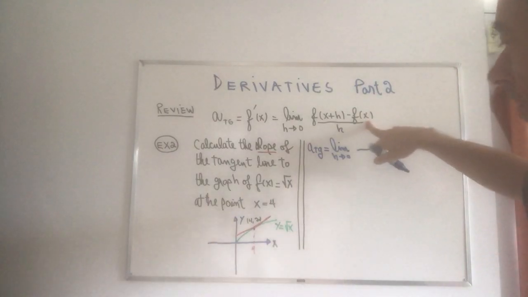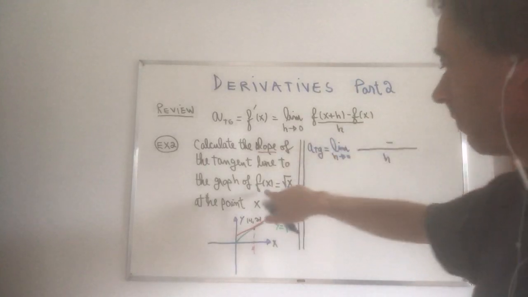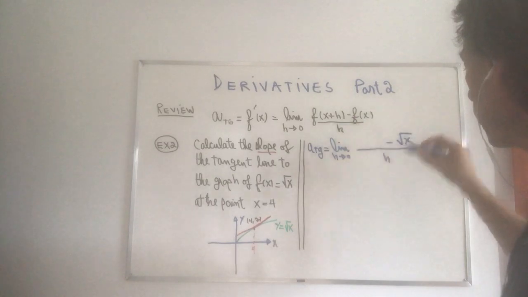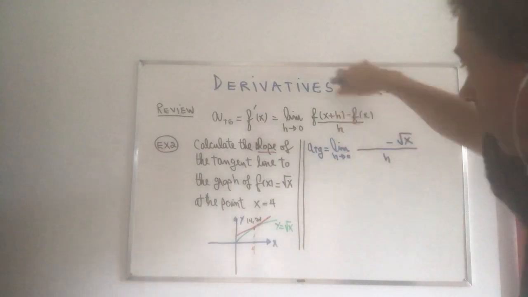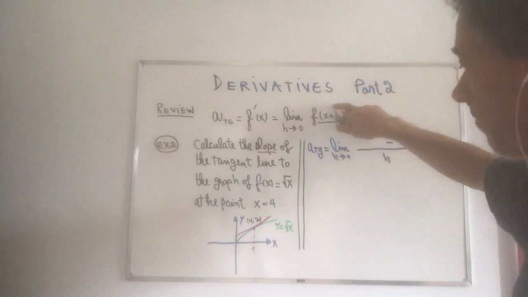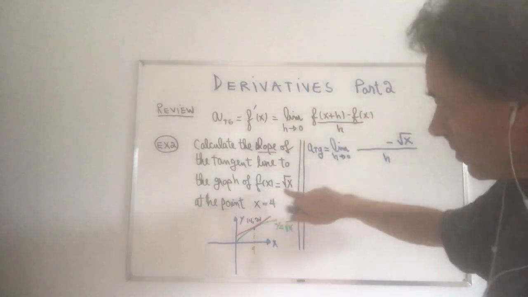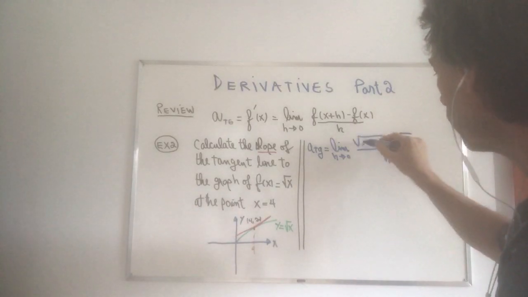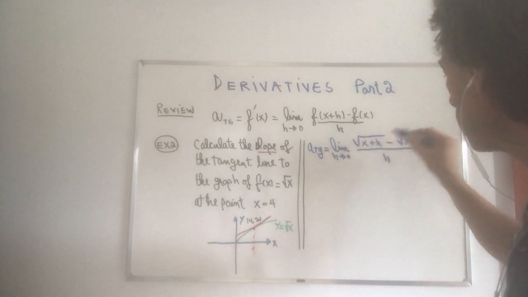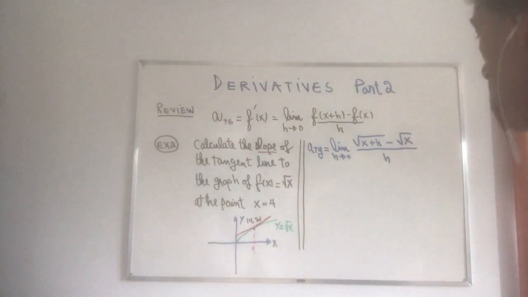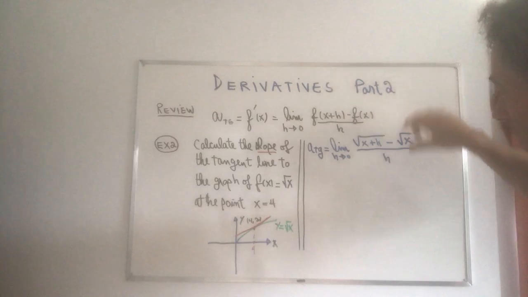Let's first start with f of x. What do we know f of x to be? F of x is root x. I need to replace something for f of x plus h. What can I replace f of x plus h with? Well, f of x is root x, so f of x plus h has to be the root of x plus h. And this is how this computation begins: f of x plus h minus f of x over h.